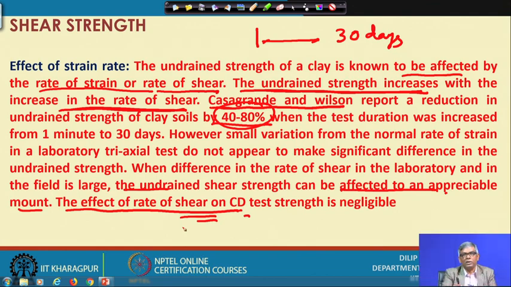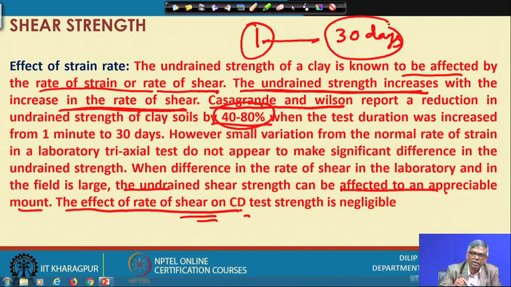Qualitatively, if you shear one sample over 1 day and another sample over 30 days, the increase in strength can be in the order of 40 to 80% depending on the soil. These are the important points to note for the effect of strain rate on the shear test.